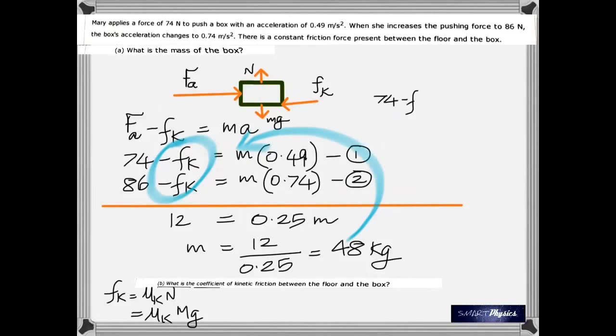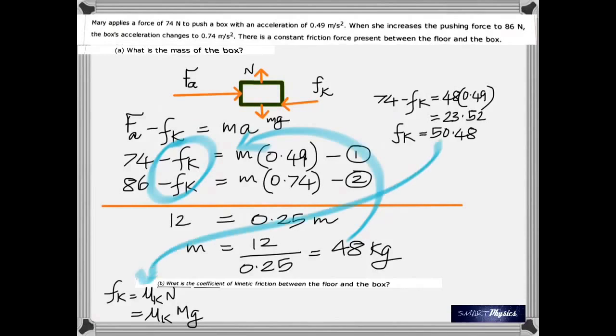So substituting the value of the mass into equation 1, we can find Fk from that, and then substitute Fk into this equation to find mu k. When you calculate mu k, you get 0.107 as the answer.